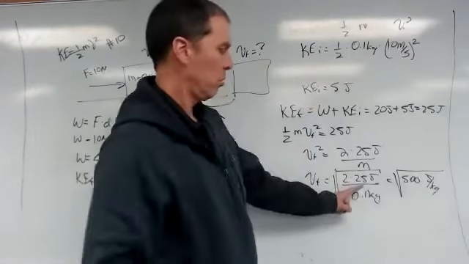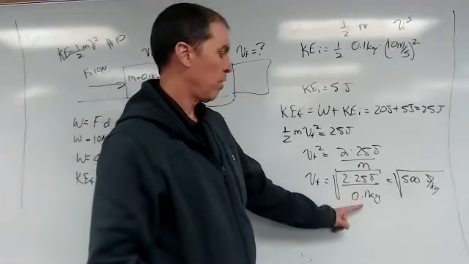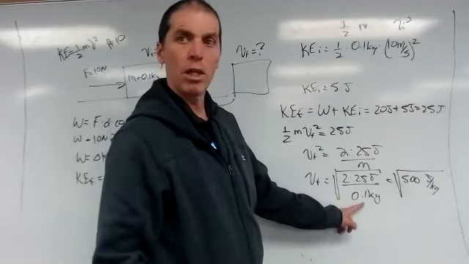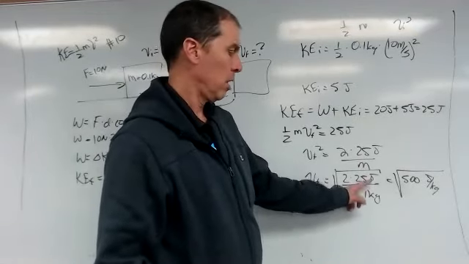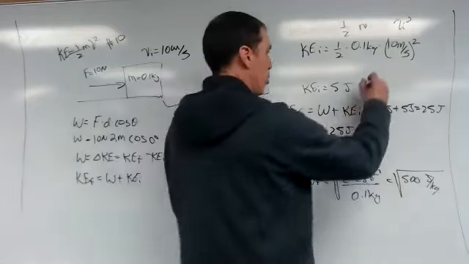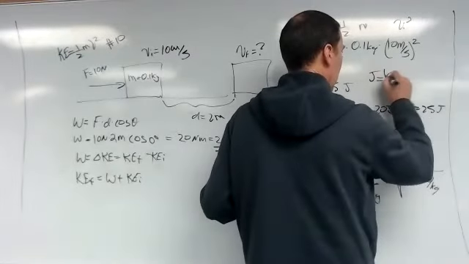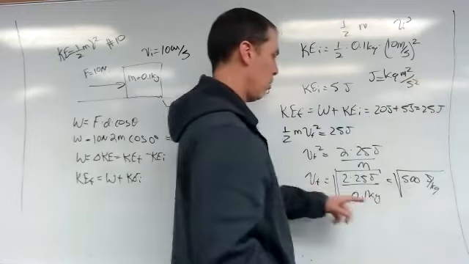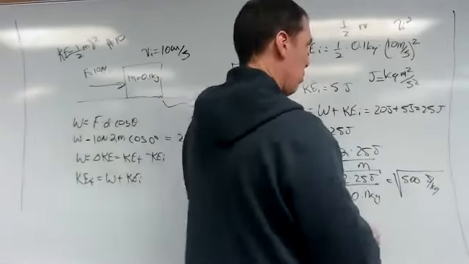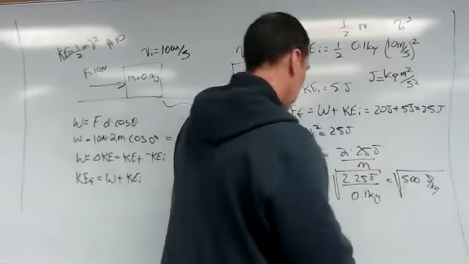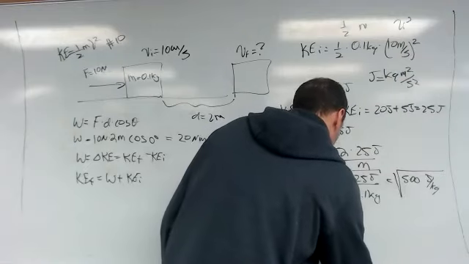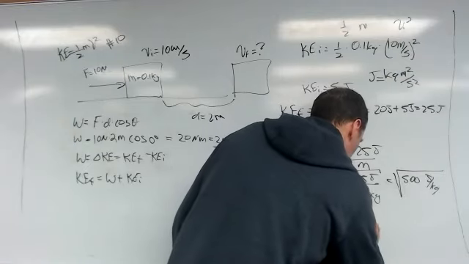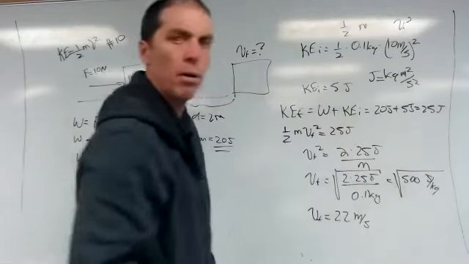Right, because 2 times 25 is 50, divided by 0.1 is 500, and then I have joules per kilogram. A joule is a kilogram meter squared over second squared, and so I'm going to divide out the kilograms. I'll have meter squared over second squared, and when I take the square root, I get about 22 meters per second. Or something like that.